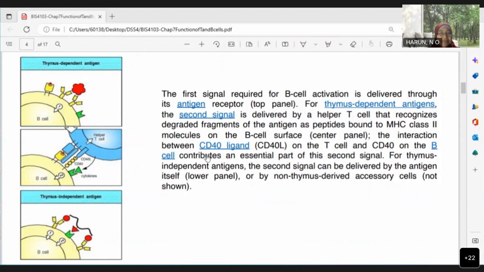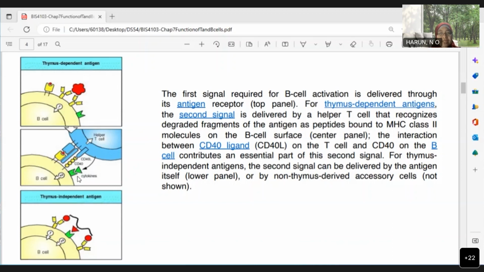Meanwhile, the interaction between the CD40 ligand, or CD40L, on the T cells, as you can see here CD40L on the T helper cells' surface, and the CD40 on the B cells. So CD40 can be found on the surface of the B cells, and contributes an essential part of the second signal.